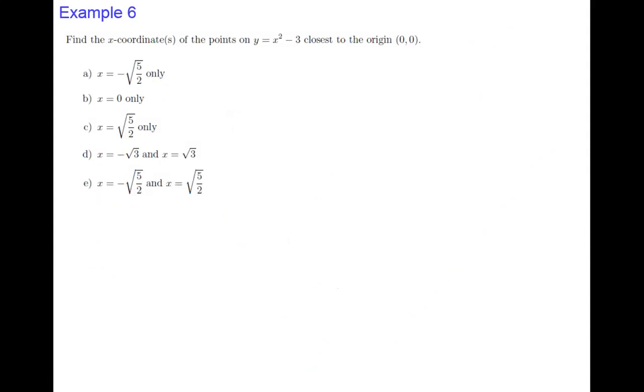Find the x coordinates of the points on the parabola y equals x squared minus 3 closest to the origin. Probably you can do it. What is given? Given is just this. Required is a distance. Closest, so we have to minimize a distance.